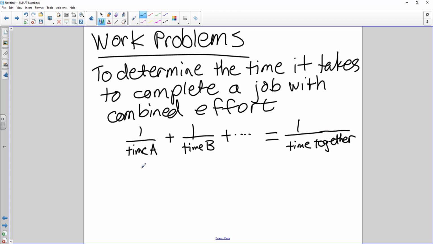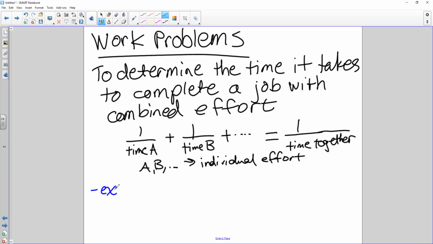Okay, so the A and the B and so forth, these are the individual efforts. So whether it's people or a machine, individually how long it would take them, and then the fraction by itself, the time on the bottom, is the time it takes together.